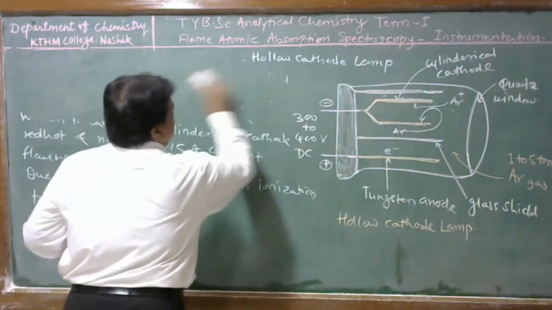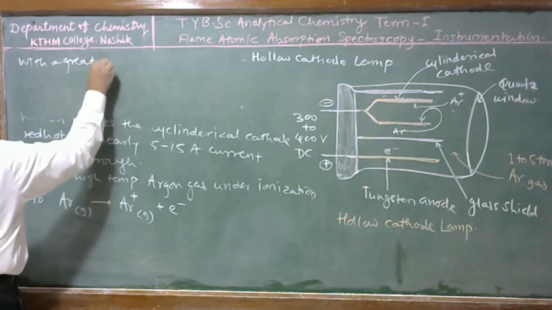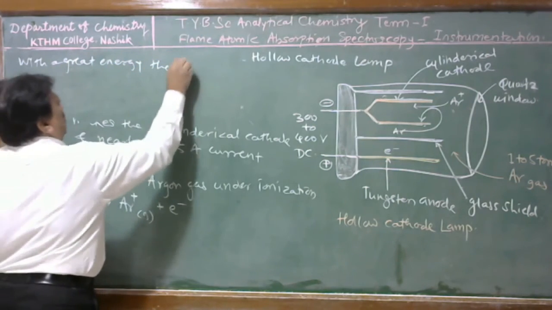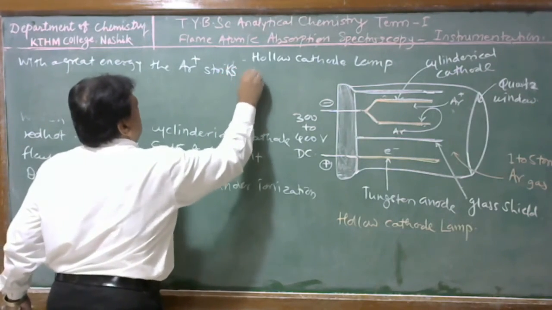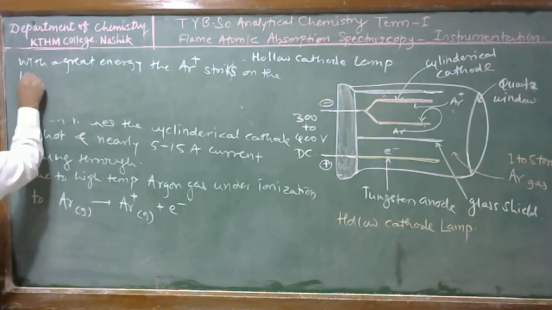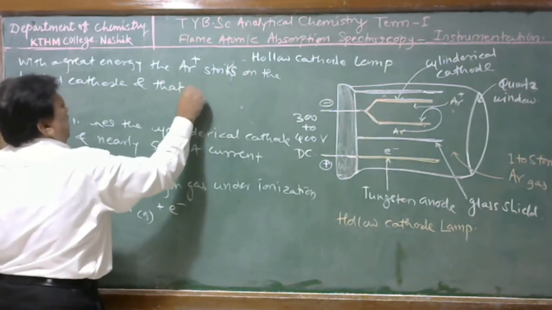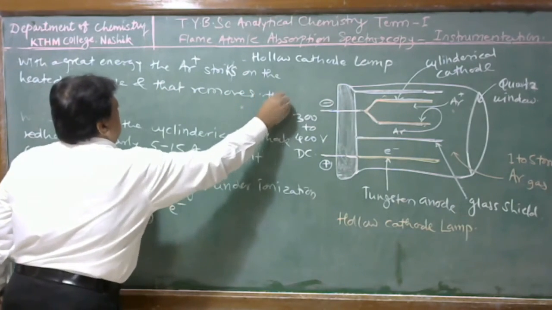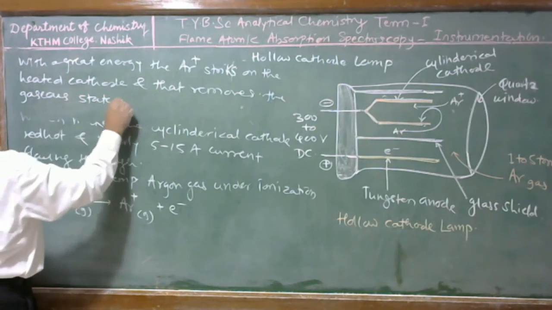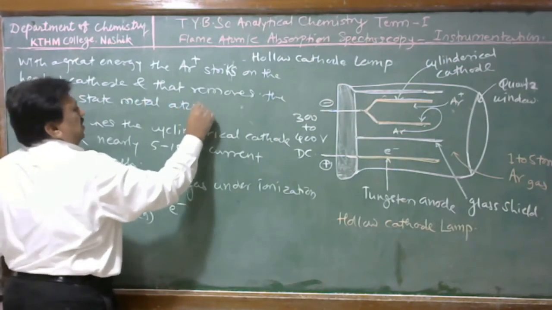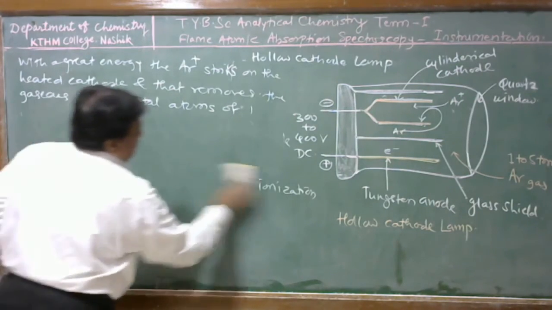Due to this, with a great velocity, with a great energy, the argon cation strikes on the heated cathode, and that removes gaseous state metal atoms from the cathode.